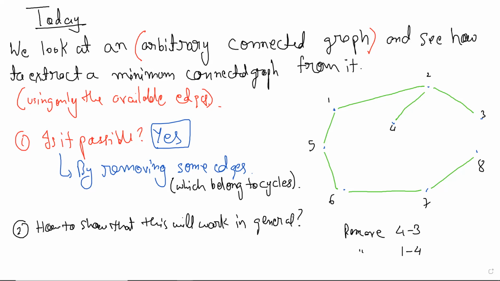If you have n vertices and it's just connected, and at each step you remove an edge which belongs to some cycle, then you look at the remaining picture and do the same from there. How do you show that this will eventually give you a tree, a minimum connected graph?